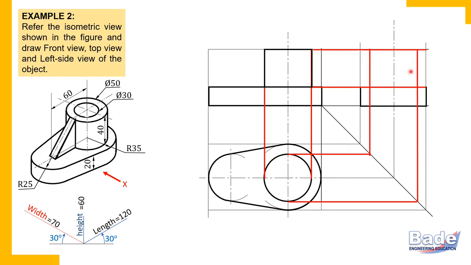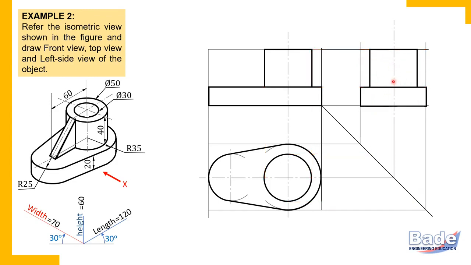End projectors from top view to side view mean the extreme front of the cylinder and the back of the cylinder. These are the two ends of the cylinder, front end and back end, draw projectors. That is why these are called end projectors for this part, that is for the cylinder. And you will get the rectangle between the end projectors. So this is the cylinder in the side view. So this is how we have completed the cylinder in the side view.